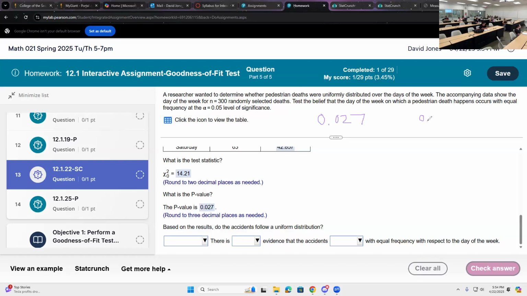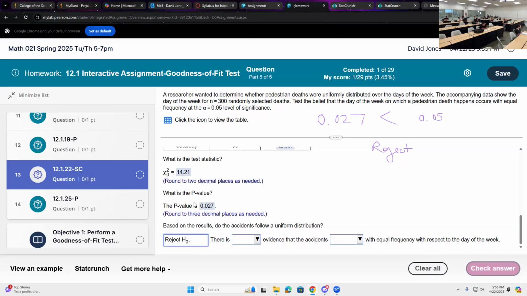Is 0.027 less than or greater than 0.05? It's less than. So p-value is too low, reject H naught. So I don't know what this drop down menu is gonna ask.